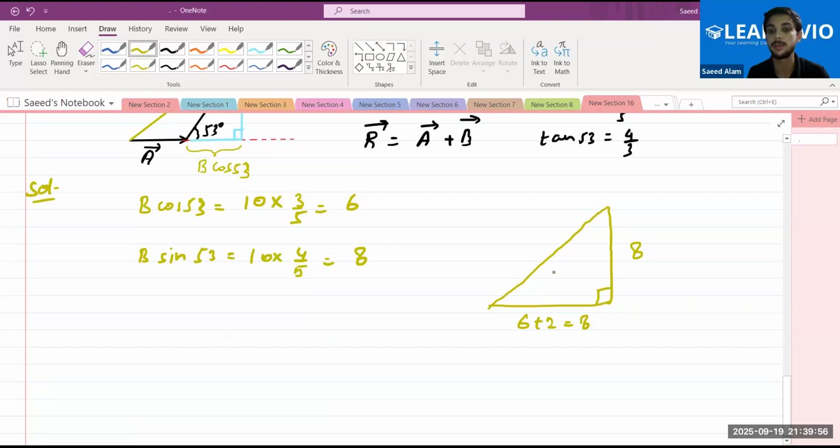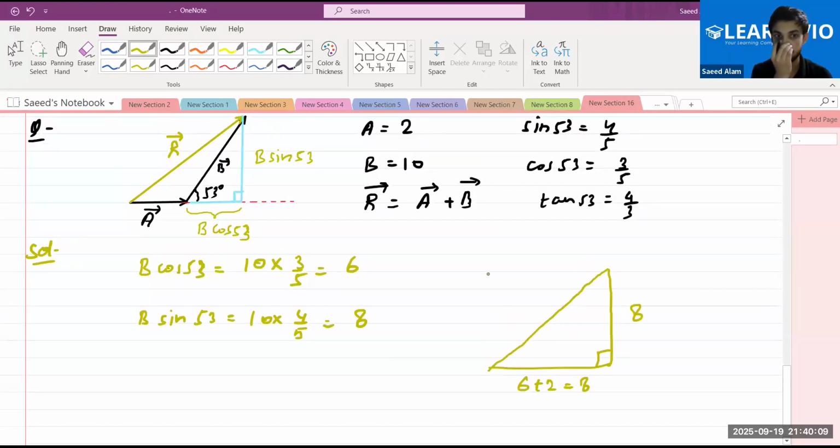What will the length of the hypotenuse be equal to? 10. Apply the Pythagoras theorem properly and tell me the answer.